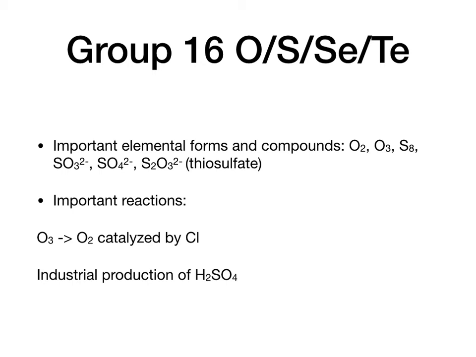The most important compounds are all related to sulfur. So there's sulfite, that's SO3 2 minus, and there's sulfate, that's SO4 2 minus. And then there's thiosulfate, which basically is very similar to the structure of sulfate, but having one of its oxygen replaced by sulfur. Sulfite is commonly found in wines.